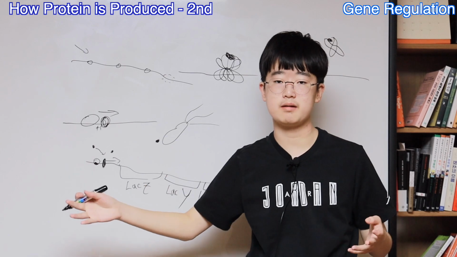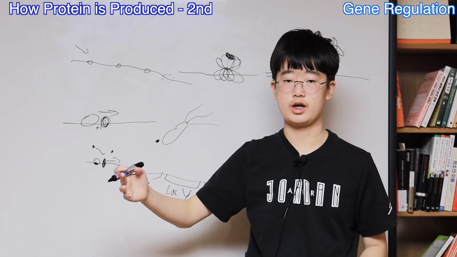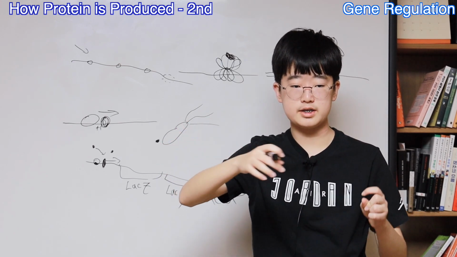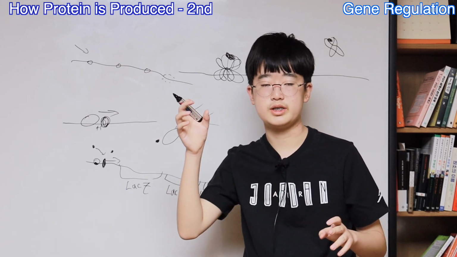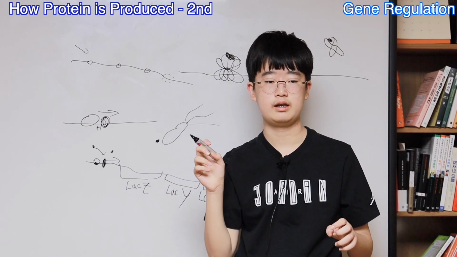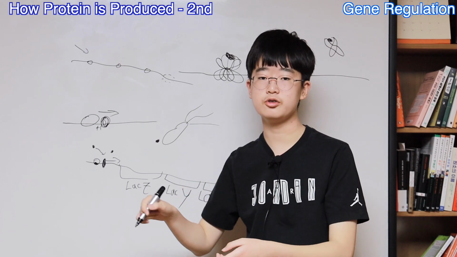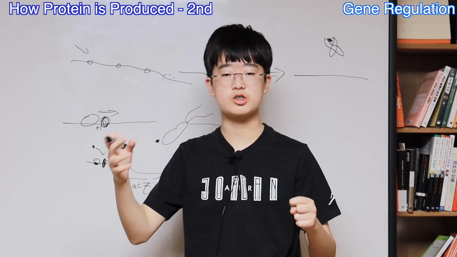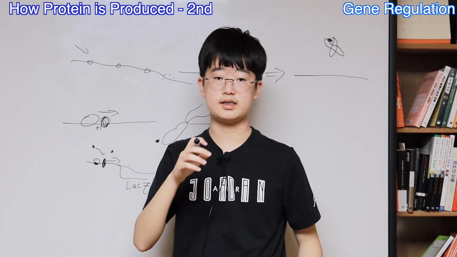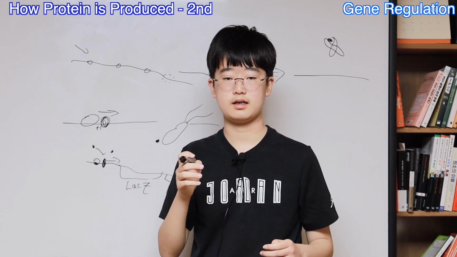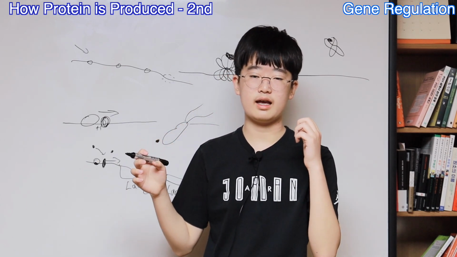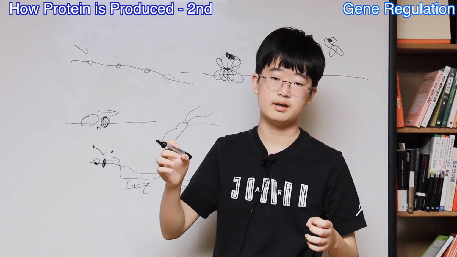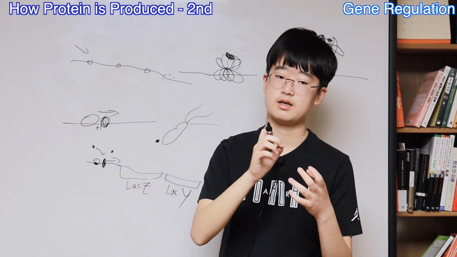So, let's say something happens, like temperature rises. Some part of the gene, a protein unbinds and produces a protein called sigma 32. The most common sigma factor is sigma 70, and because sigma 70 is the most common, sigma was given to this protein.